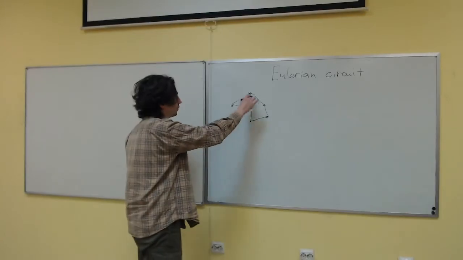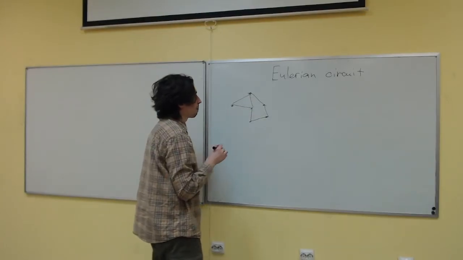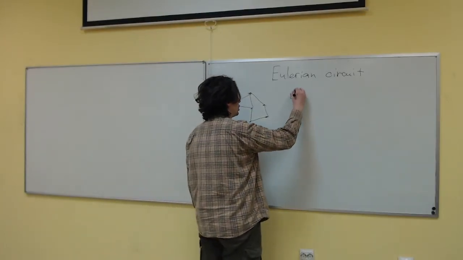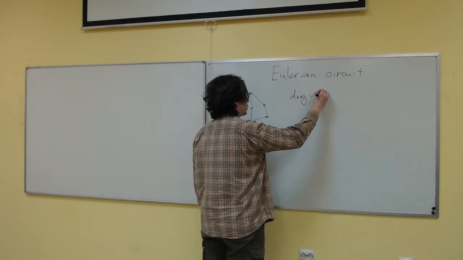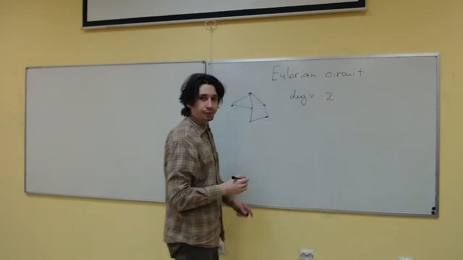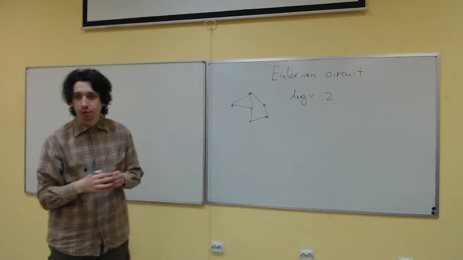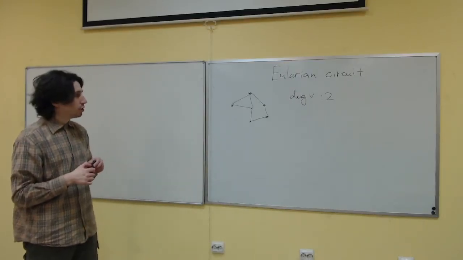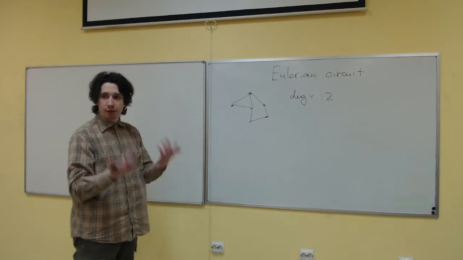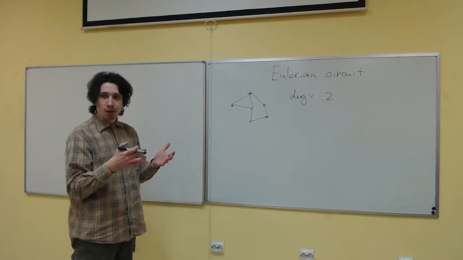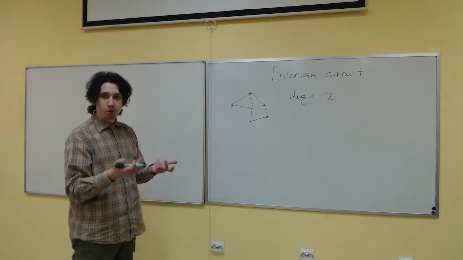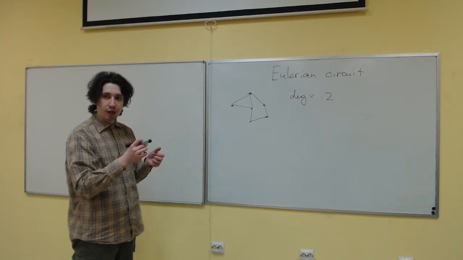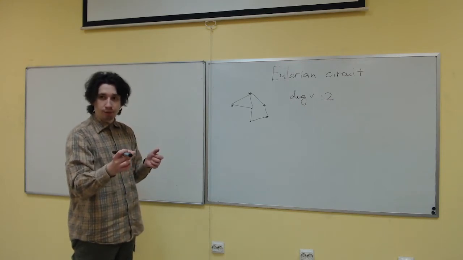So we have an undirected graph. The degree of each vertex should be divisible by 2. Otherwise it is impossible to build an Eulerian circuit. Why so? Suppose we have an Eulerian circuit. Since it is a circuit, you come to each node and then you go away from this node.